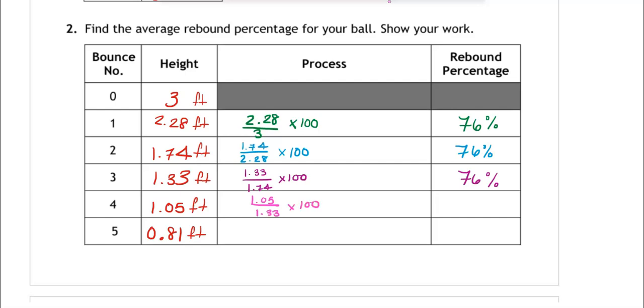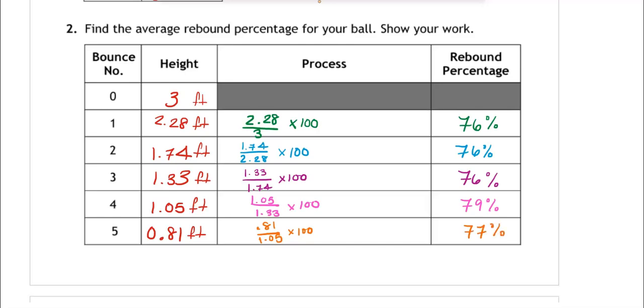And that's going to get me 79%. Okay, there we go. It's not exactly the same every time, but that's because math is not always going to be perfect in the real world. And then let's look at this next one right here. Then I'm going to do 0.81 divided by 1.05 times 100. And that would get me 77%.